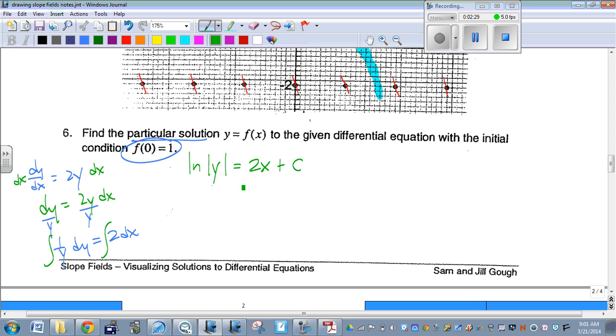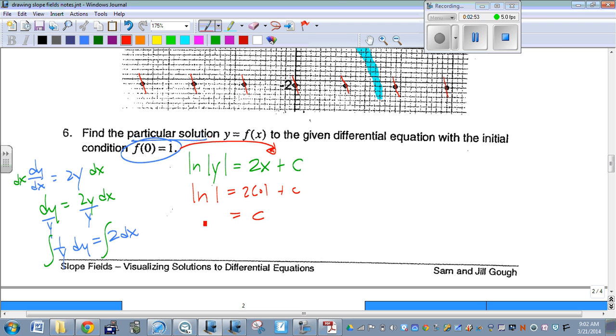So we've got our equation with c in it, but we want to figure out what c is. That's where our initial condition comes in. We're going to substitute 0 in for x, 1 in for y. So we end up with natural log of absolute value of 1 equals 2 times 0 plus c. So this is just going to be 0.